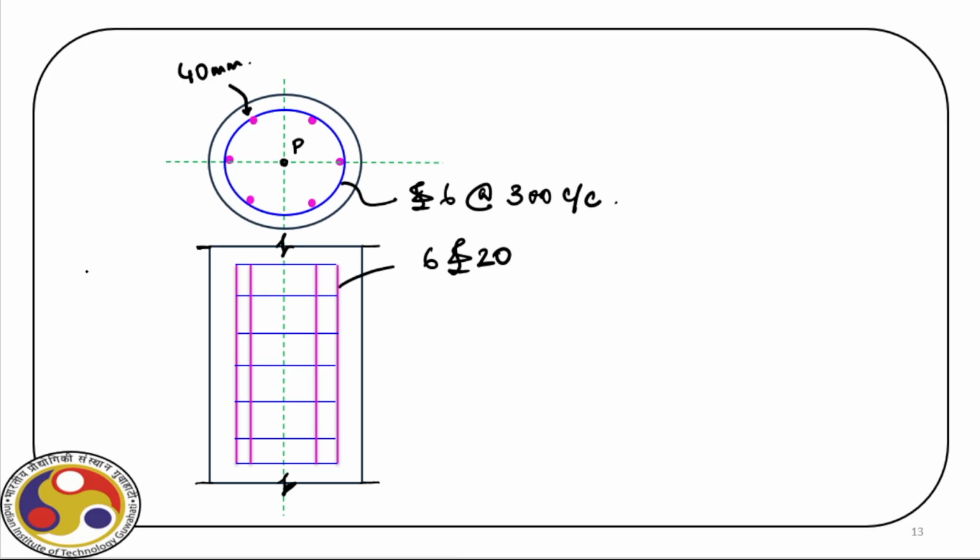So the detailing is complete and we design the circular column for this load of 1500 kilonewton. So you can see how we can design the column against axial compression.